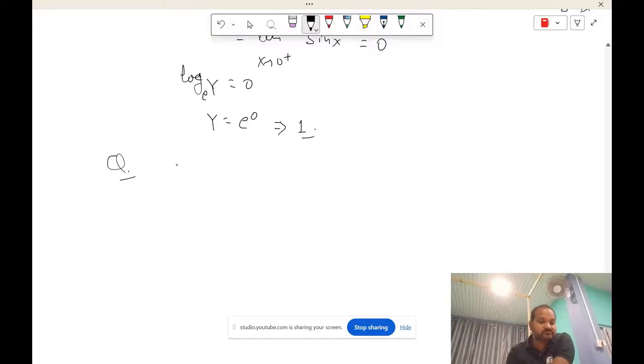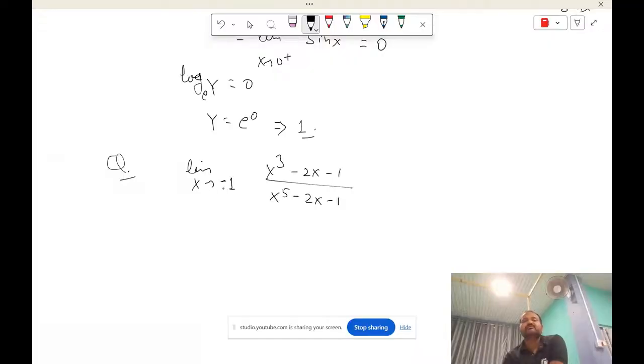This is another type: the limit is given, x tends to -1, of x cube minus 2x minus 1 upon x to the power 5 minus 2x minus 1.